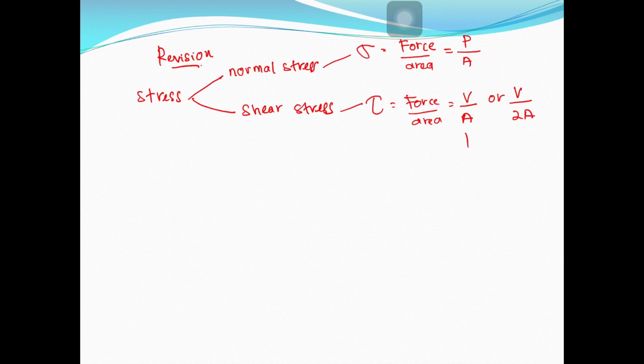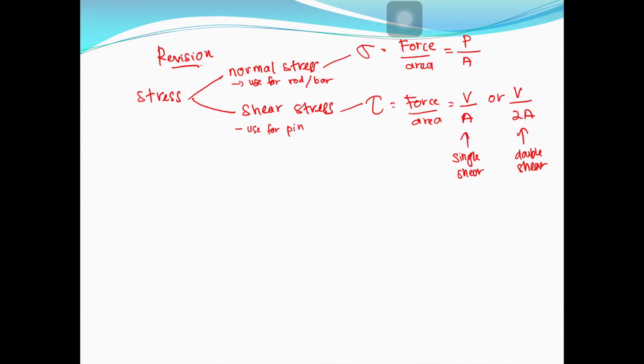This one is for single shear, and this one is for double shear. Basically this one we use for pin connection, for shear. And this one you use for rod or bar.